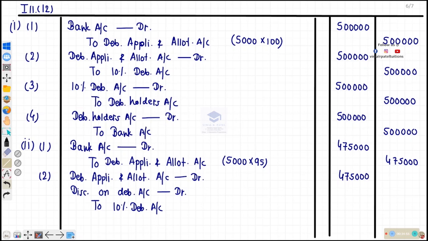Discount will be 5 rupees per debenture. 5% of 100, that is 5 rupees per debenture.